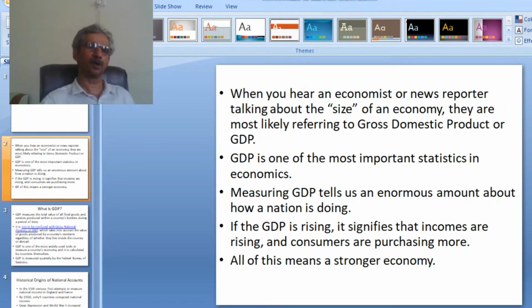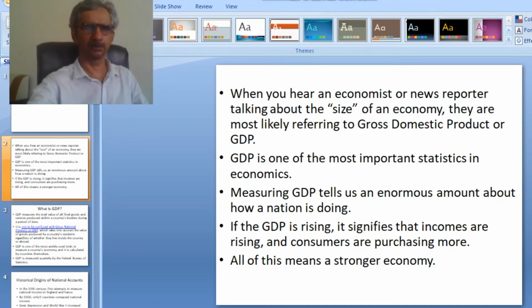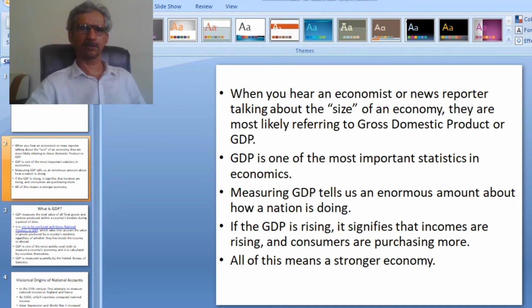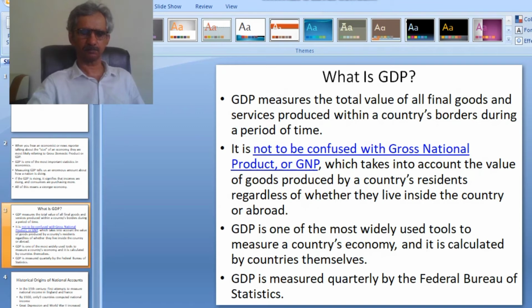Whenever the GDP of a country is increasing, one can easily understand that people are enjoying a better life, a better living standard. Not necessarily everyone, but mostly the income of the people increases, so they are going to buy more goods and services.